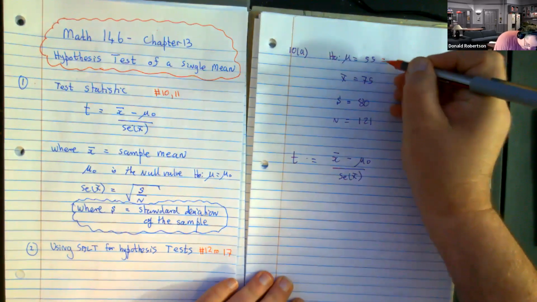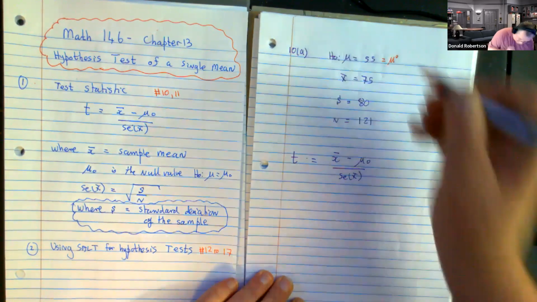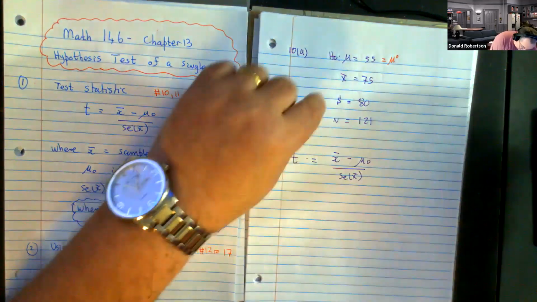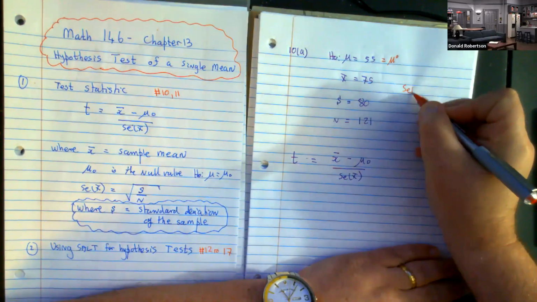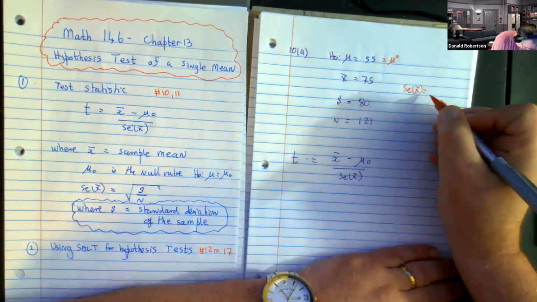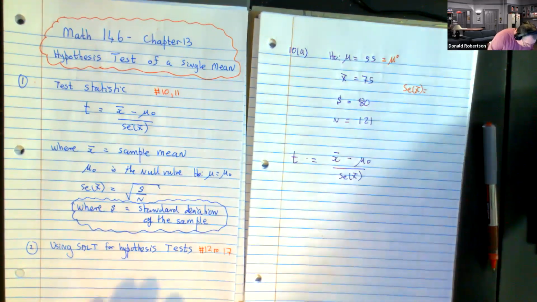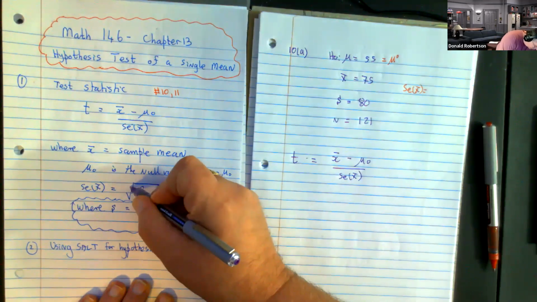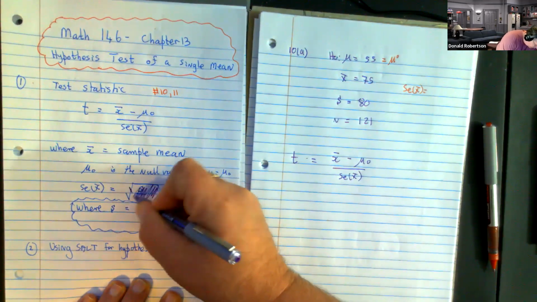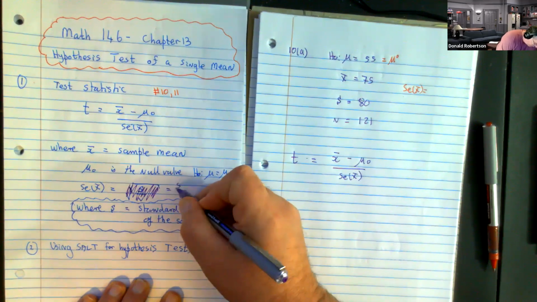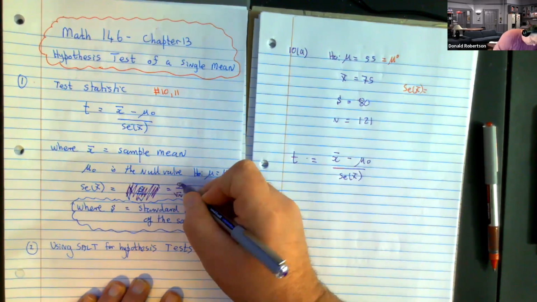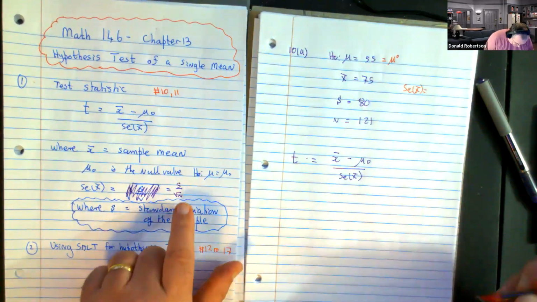That value there, we call mu naught. To get the standard error, I just put that in the wrong place. My square root was in the wrong place, so let's write it so it doesn't look so weird.